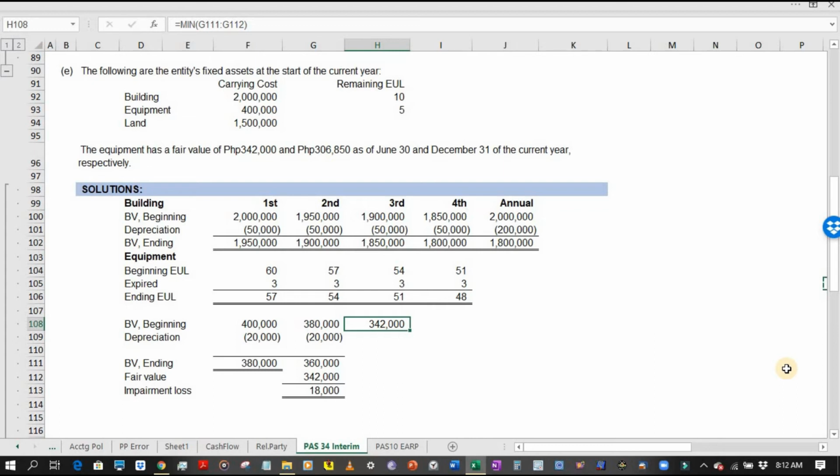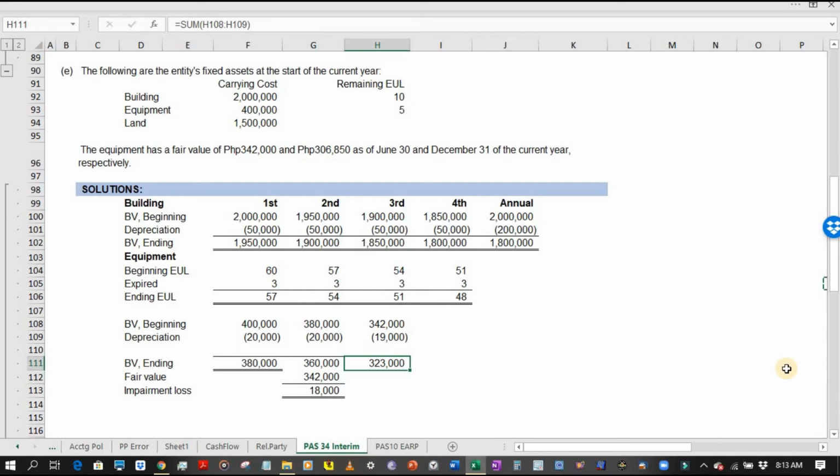So the 342,000 starting carrying value will be divided by the remaining useful life as of the start of the third quarter, and that is 54 months. So 342 divided by 54 months multiplied by 3 months, which will start from July to September. So the depreciation expense for the third quarter that will appear in the non-cumulative income statement is 19,000 pesos. So the ending book value for the third quarter is 323,000 pesos.